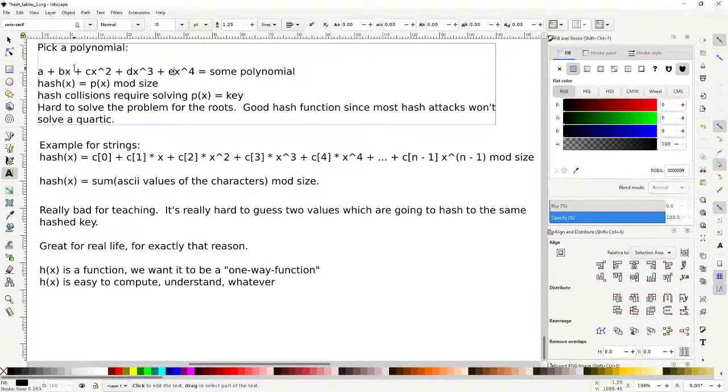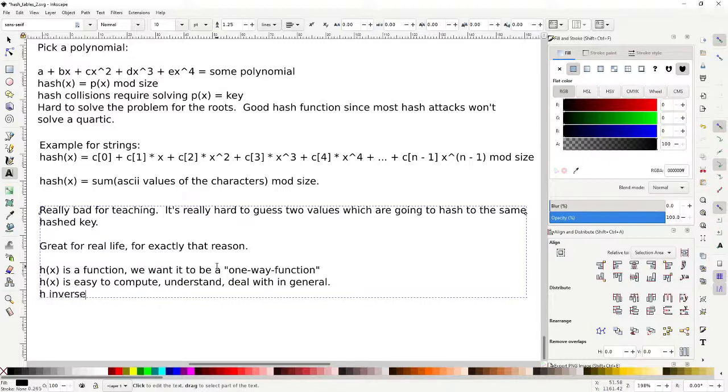If I say x is equal to 5, you can compute what the polynomial is. If I say x equals 7, you can write a computer program to compute whatever the polynomial is. So that's easy in the first direction, right? Easy to understand, compute, deal with in general. But h inverse, the inverse function, is very, very hard or impossible to compute or understand, etc. And so this is the idea of a one-way function.